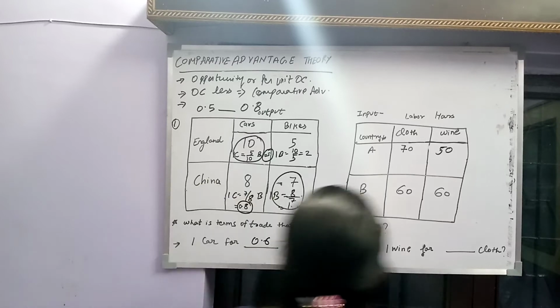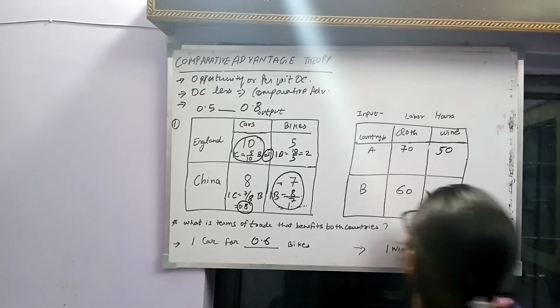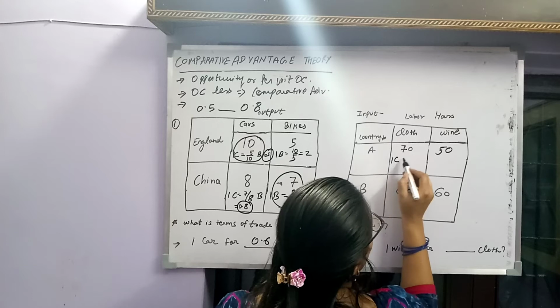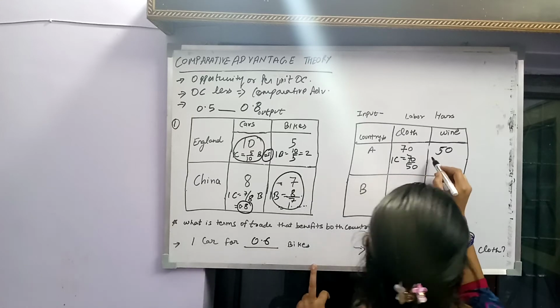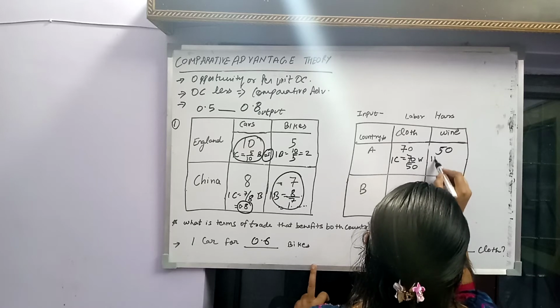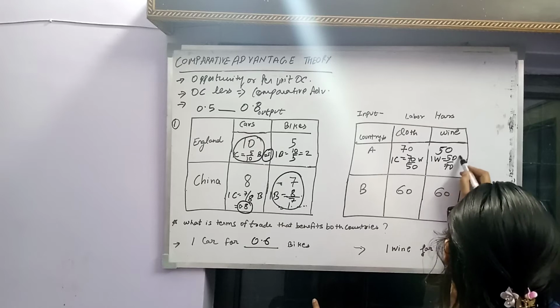So this is how we calculate the terms of trade. Now the next question I have taken is an input question. Here we will take labor hours. Here the concept is just opposite in how to calculate opportunity cost. So the opportunity cost for one cloth is equal to 70 by 50, and for one wine it is 50 by 70 cloth.